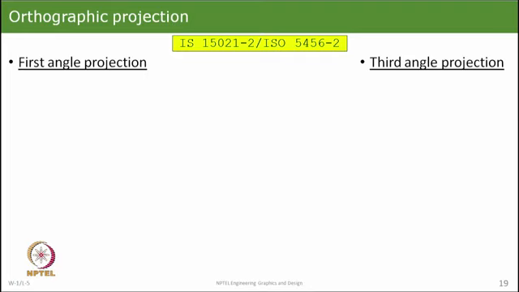This is a very important thing, because all working drawings, engineering drawings finally will always be made as an orthographic projection conforming to IS 15021 part 2, which is same as ISO 5456-2.